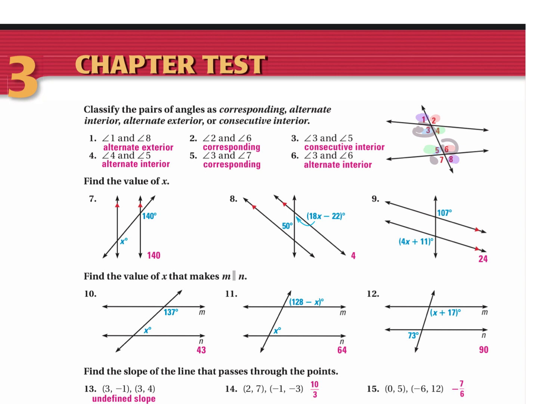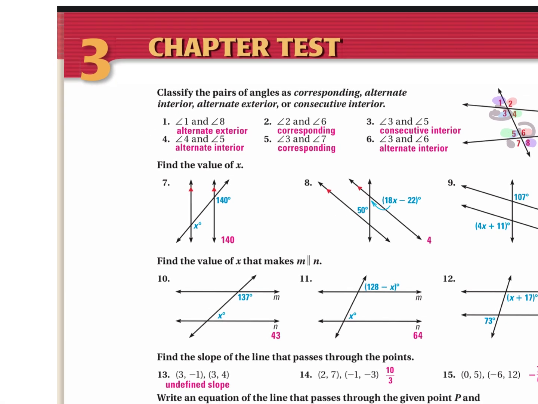Now that they're telling us that the lines are parallel in 7, 8, and 9, now I can find the measure of the angles. So for number 7, I know that these are both corresponding angles, so that's why x is equal to 140. For number 8, these are actually alternate interior angles, and alternate interior angles are congruent. So I'm going to set these two equal to each other. 18x equals 72.